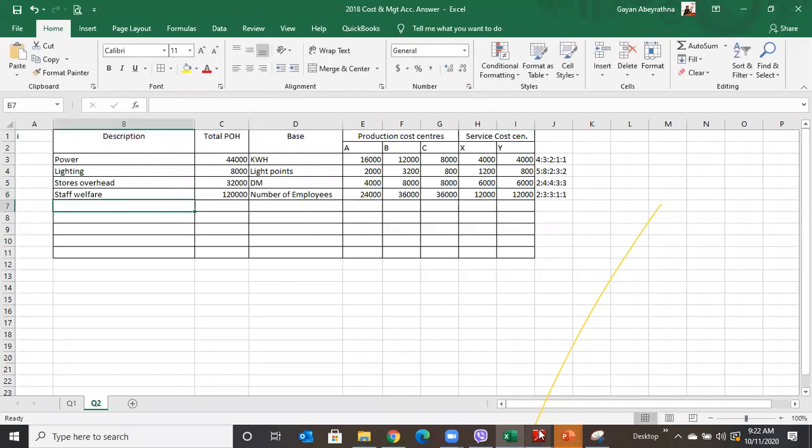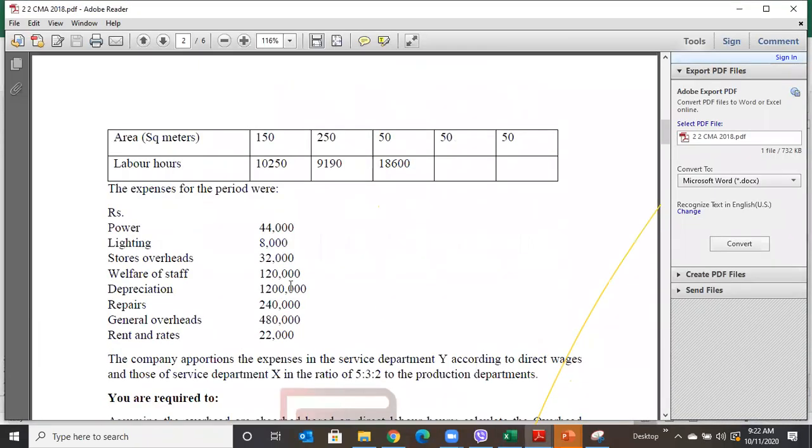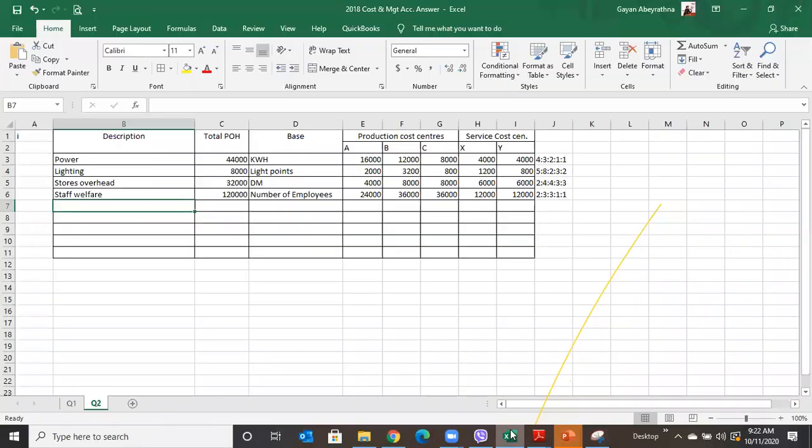The next item, after staff welfare, depreciation 1.2 million. Yes, depreciation. What should be the base for depreciation?